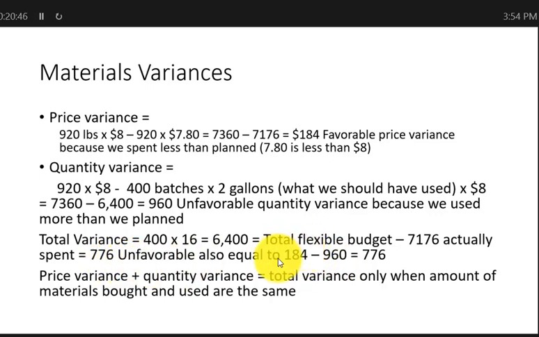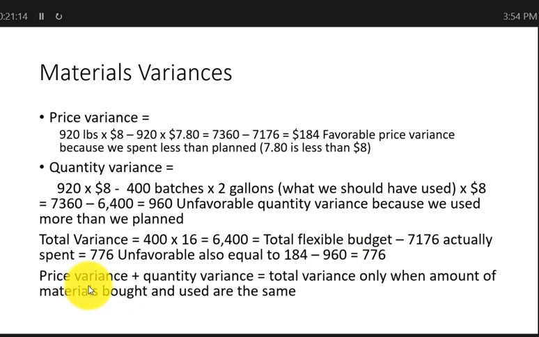That was because of a 184 favorable price variance and an unfavorable usage variance. So we did a lot worse on the usage side than we saved on the price side. Together it's 776. So you see that comes out. You can put the two variances together, and then it will give you your total variance.